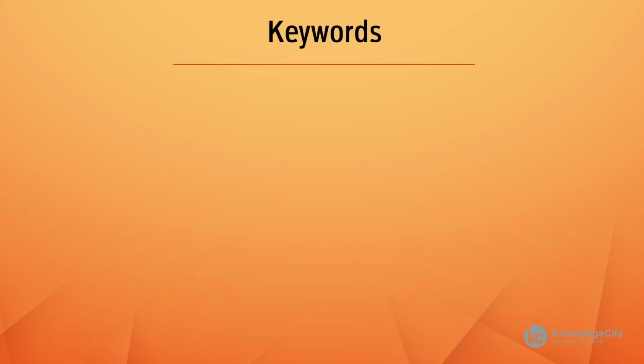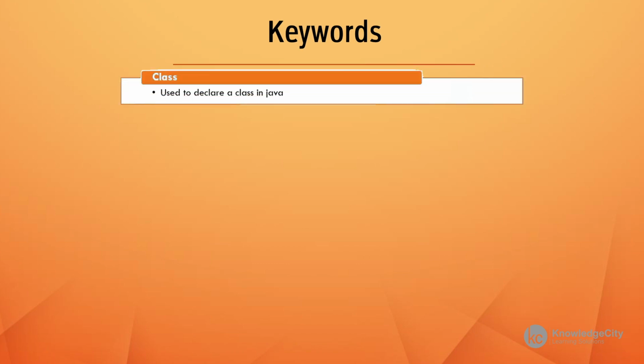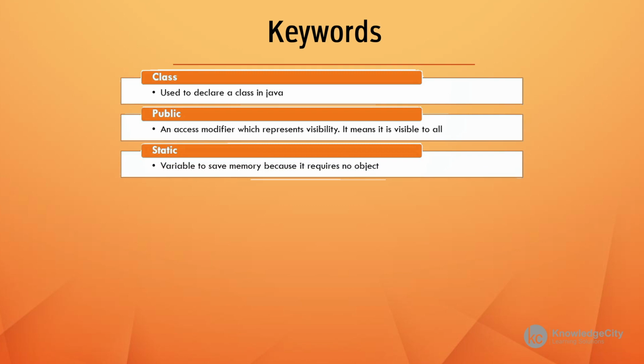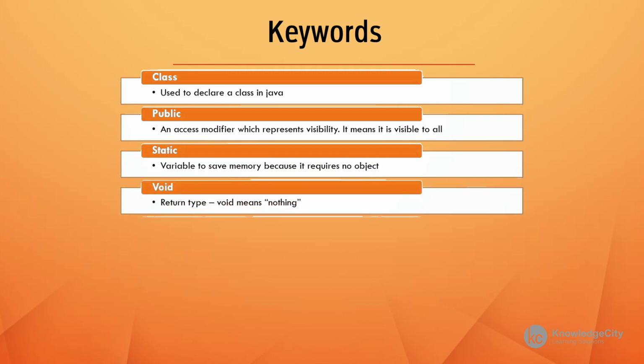There are a bunch of keywords that we're going to need to memorize. We're going to need to understand how to declare and use a class in Java. We'll learn what a public access modifier is. We'll talk about static variables and how they save memory. We'll learn about the word void, and you might think it means nothing, but it really does serve as a placeholder.